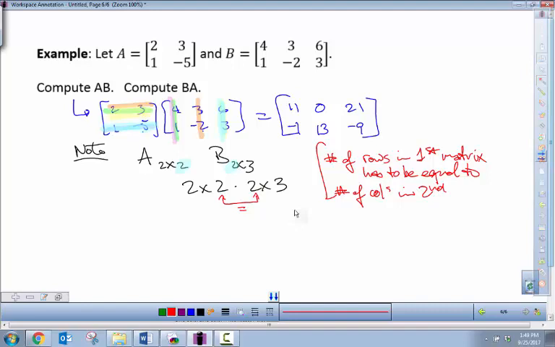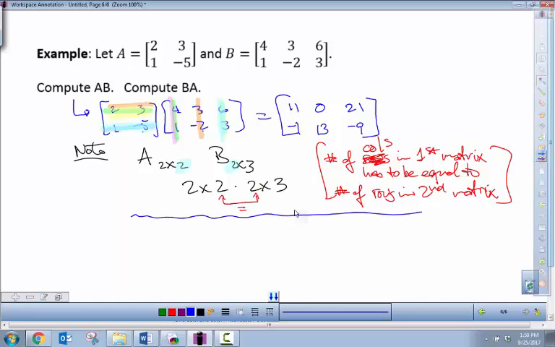Number of columns in the first matrix has to be equal to the number of rows in the second. That would have been bad. That's the match. If it doesn't match, you can't do it. Right?